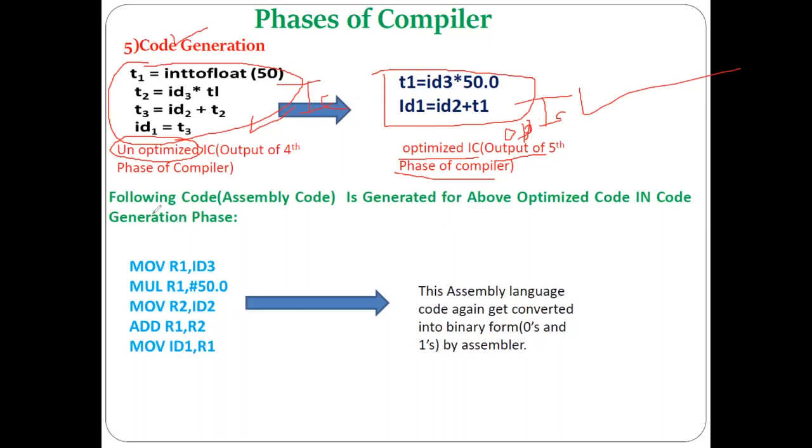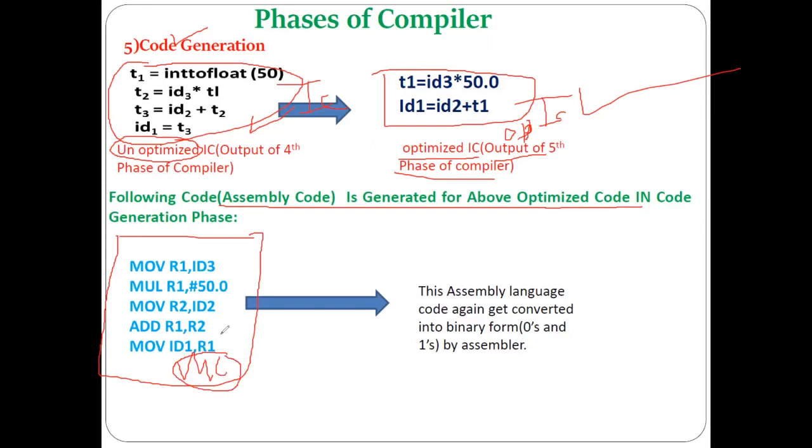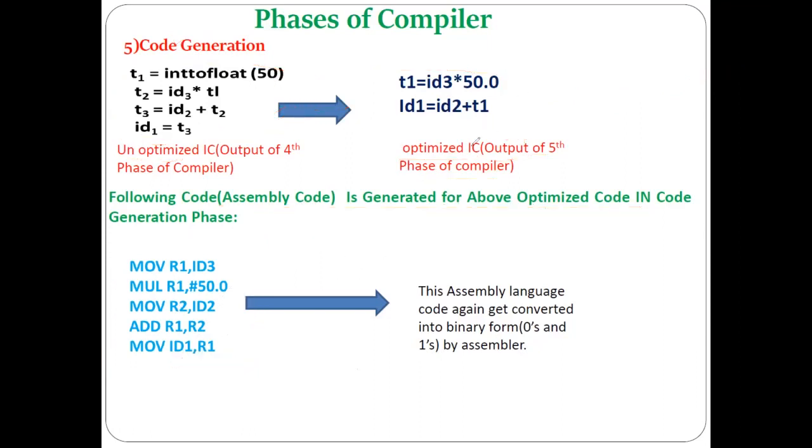Then you can see here the following assembly code is generated for the optimized code in the code generation phase. Here we have taken the example of assembly code as machine code, because this is a low-level language code as compared to our C language code. Understood? Again, this has to be converted into binary form, and that will be done by the assembler.